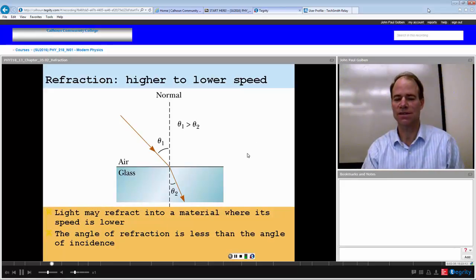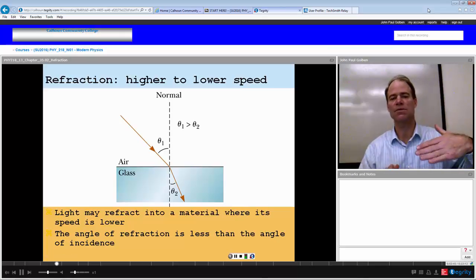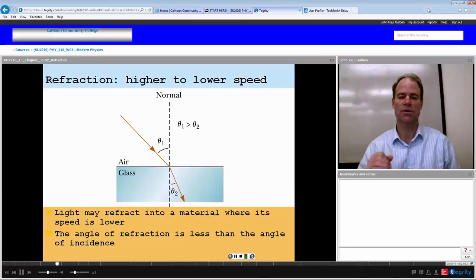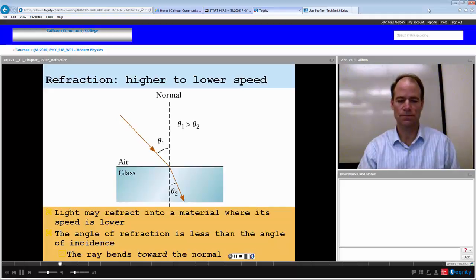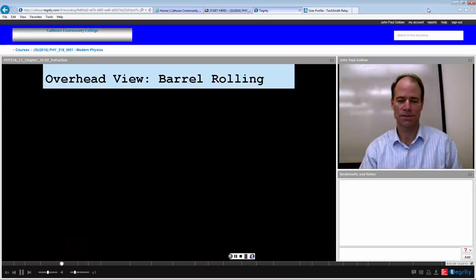The angle of refraction is less than the angle of incidence. So in this case, theta 2 is our angle of refraction inside the second medium. Theta 1 was our angle of incidence, just like what we had with reflection. And we can see that theta 2 is less than theta 1 because we're going from a material where the speed is faster to a material where the speed of the light is slower. So the ray bends toward the normal.